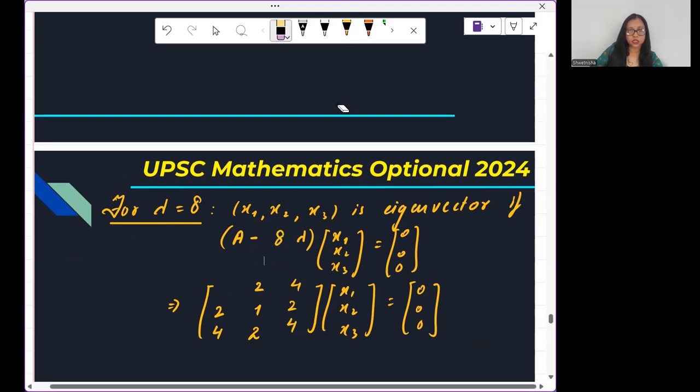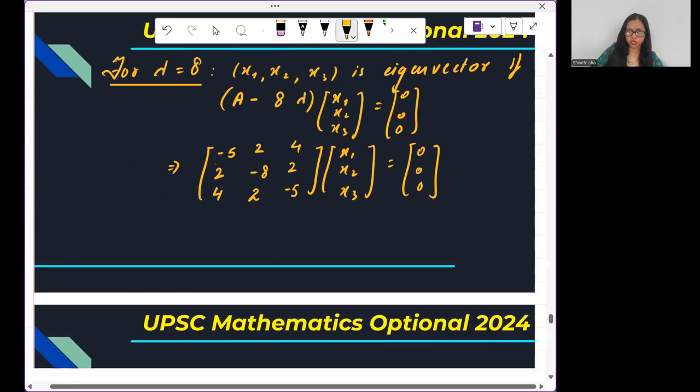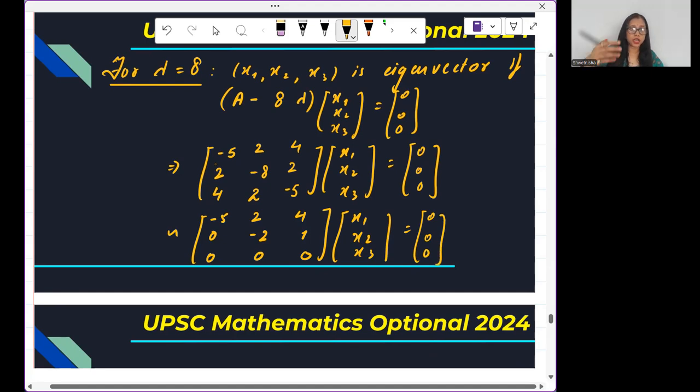So it was 3 minus 8, minus 5, 0 minus 8, minus 8, and this is also 3 minus 8, minus 5. Because it's a homogeneous system of equations, it can be reduced to echelon form. Please solve this part; it's easy to solve these two equations.